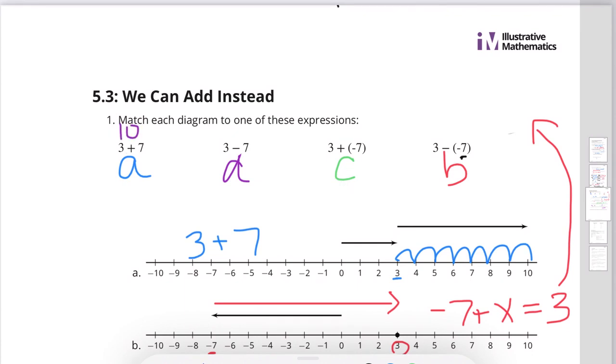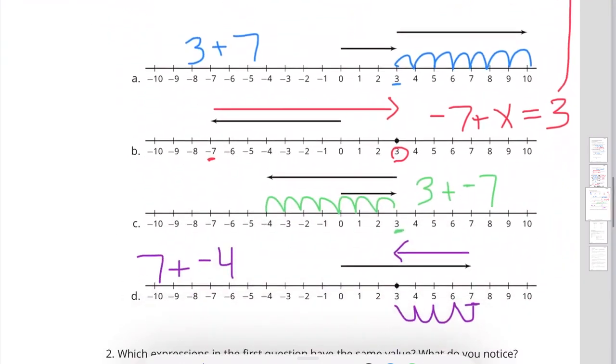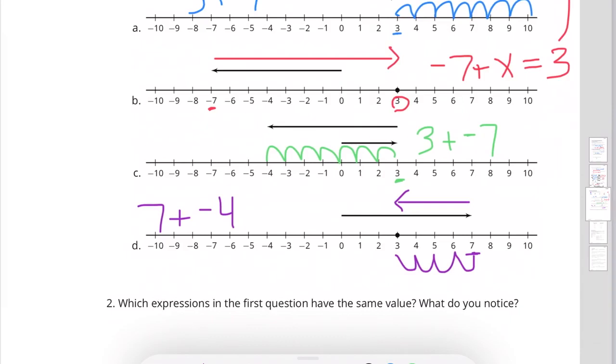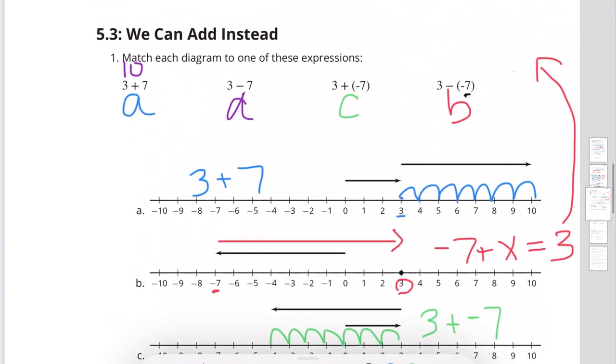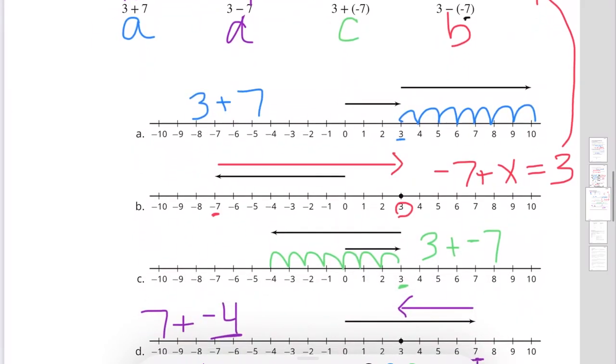3 minus 7. So that was diagram D. So 3 minus 7 was -4. 3 plus -7, which was diagram C, which was also -4.